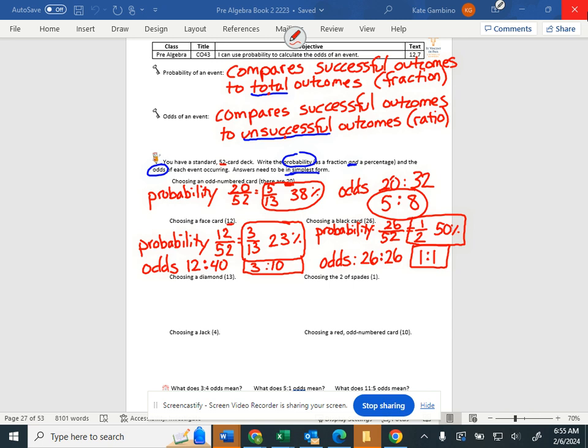I'm thinking you should be able to get that second page done. It is just having to really think through what it is asking and think through what your successful outcomes would be, what your total outcomes are, what the unsuccessful outcomes are. I really think that you should be able to get the whole thing done. We will check in and see how we are doing tomorrow.